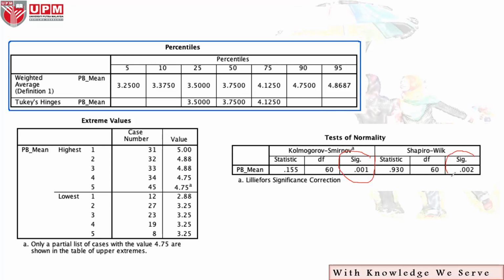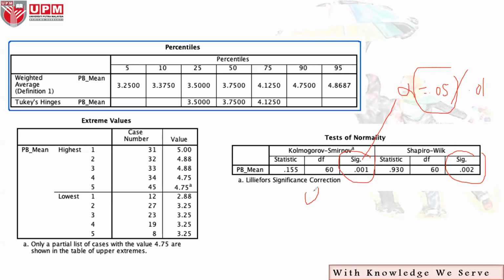We compare it against alpha, either 0.05 or 0.01. So if let's say we set it as 0.05, we compare these two values. If the significant value of Kolmogorov-Smirnov, for example, is lesser than 0.05, it means that our data is normally distributed.